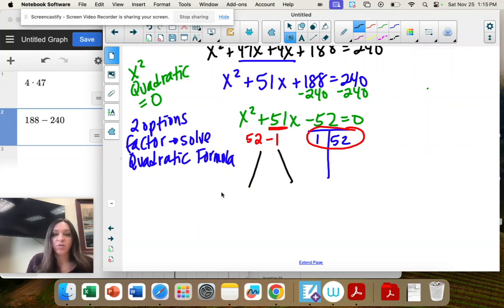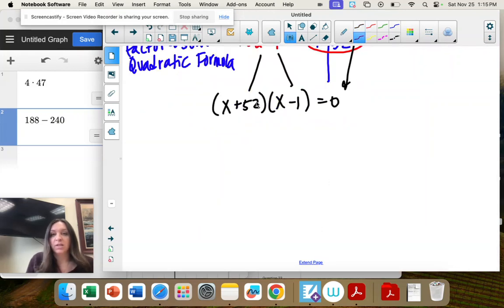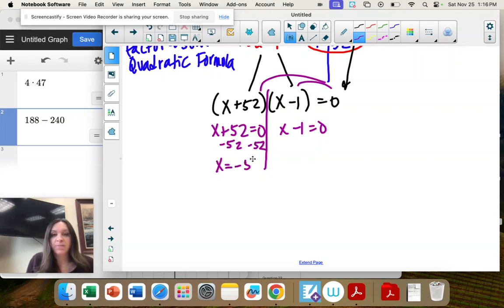So factored form is (x plus 52)(x minus 1), and this is where the equals 0 is big, because that tells me to set each factor equal to 0. That 0 goes to each factor, and then we solve. So minus 52, and then plus 1.